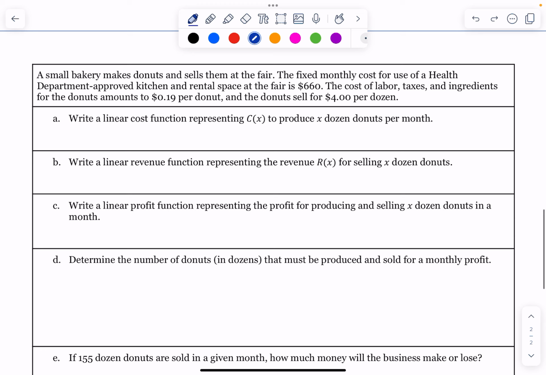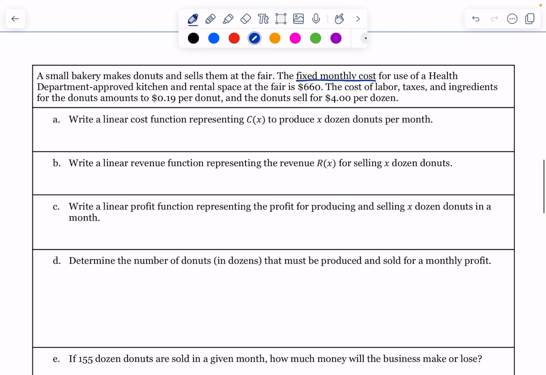All right, this application problem says a small bakery makes donuts and sells them at the fair. The fixed monthly cost for the use of the health department approved kitchen and rental space at the fair is $660. The cost of labor, taxes, and ingredients for the donuts amounts to 19 cents per donut, and the donuts sell for $4 per dozen.